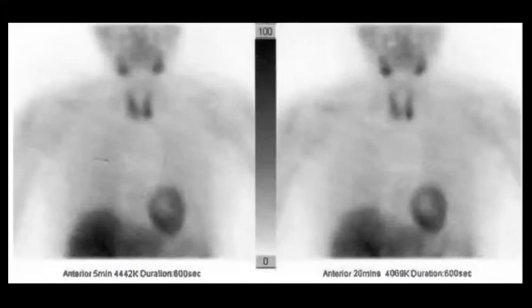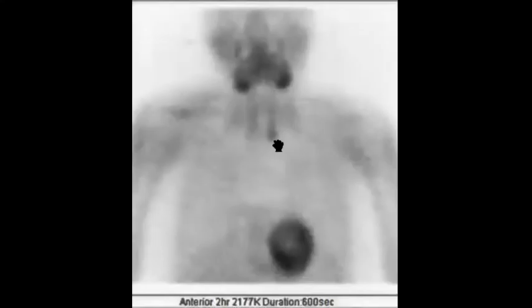So let's see what happened more. This is also physiological. Okay. So after 2 hours, there is retention of the tracer here. Yes, localized in the inferior aspect of the left thyroid lobe.